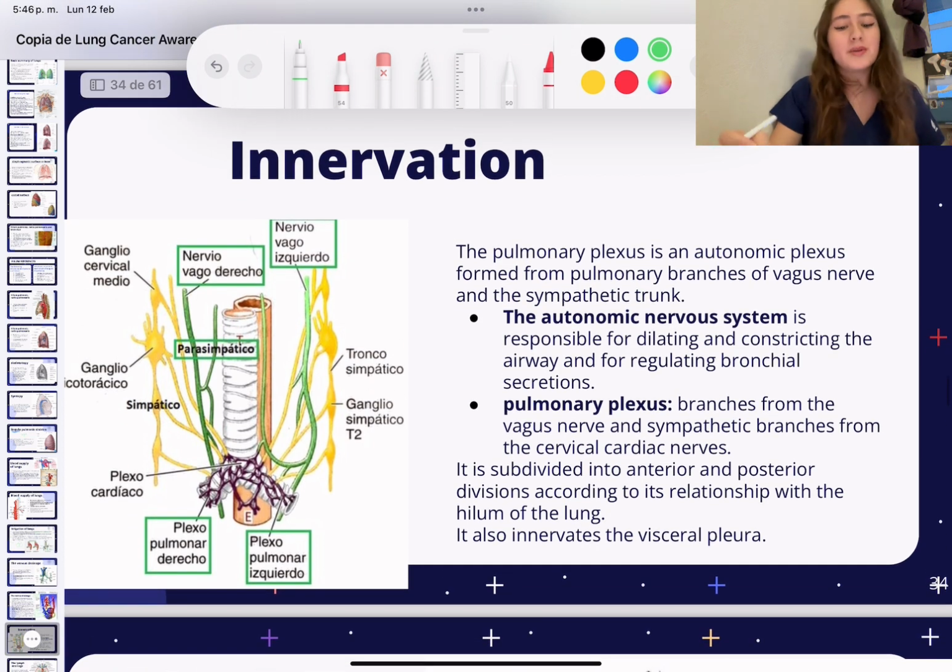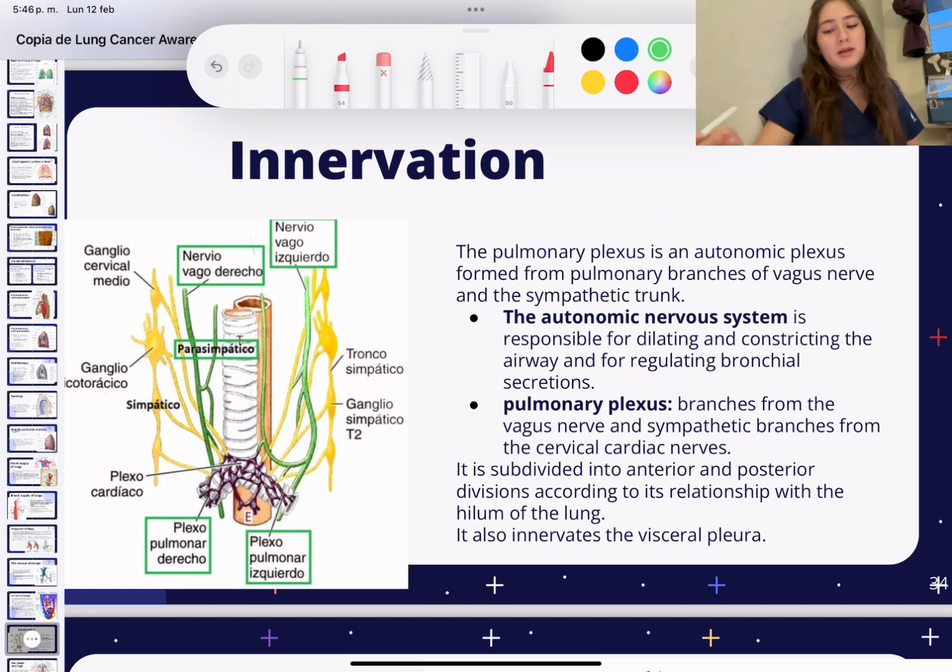The innervation. The pulmonary plexus is an autonomic plexus formed by pulmonary branches of the vagus nerve and sympathetic trunk. The autonomic nervous system is responsible for dilating and constricting the airways and for regulating bronchial secretions. Those are branches from the vagus nerve and sympathetic branches from the cervical cardiac nerves.